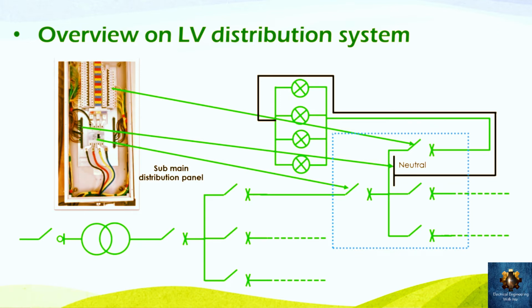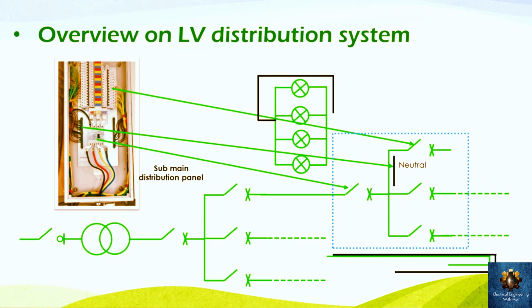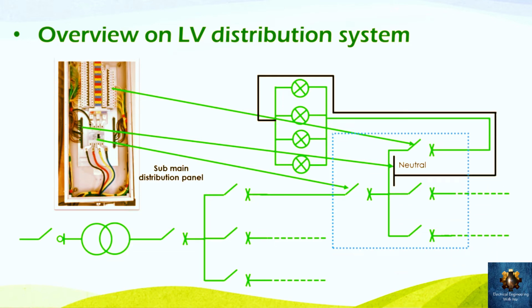And the loads at the sub-main distribution panel can have a variety of types. For example, one output of the sub-main distribution panel can be a lighting luminaire like that one, so there will be one line or one outgoing which is responsible for feeding those luminaires, and this outgoing consists of the circuit breaker, and we go out of the circuit breaker with the line and neutral, which are connected directly to the load or the luminaires which we will feed.